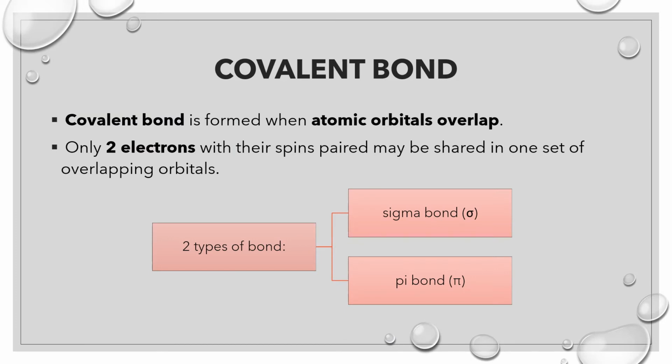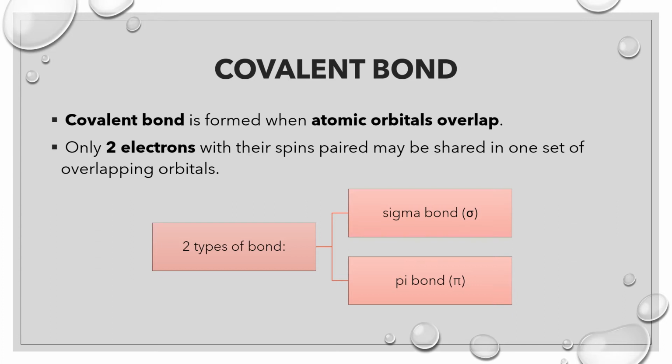Covalent bond is formed when atomic orbitals overlap. Only 2 electrons with their spins paired may be shared in one set of orbital overlapping. So di sini maksudnya adalah in order to show the formations of the covalent bonding, orbitals must overlap.